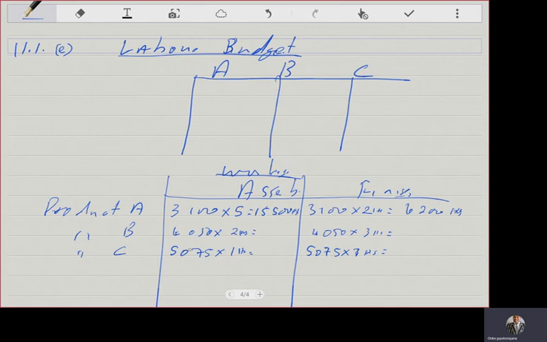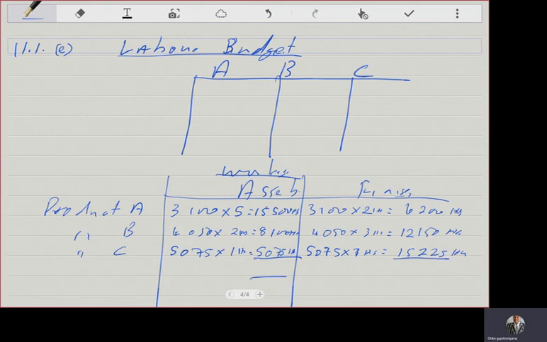So this side 4,050 times 2 gives you 8,100 hours. 4,050 times 3 is 12,150 hours. Then 5,075 times 1 is 5,075 hours. So no longer units now. Times 3 gives you 15,225 hours.